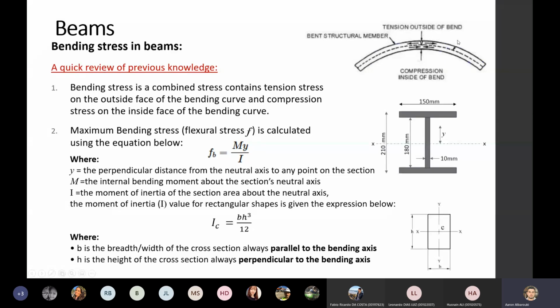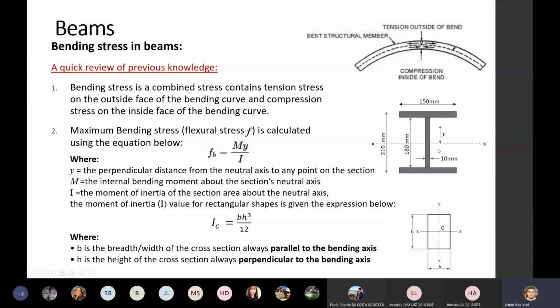But if I'm looking at the maximum bending stress, I'll have to go and find the maximum bending moment, and that's what we just learned to do from the bending moment diagram. So it equals the maximum bending moment multiplied by y. Y is any vertical distance along the cross section away from the neutral axis.